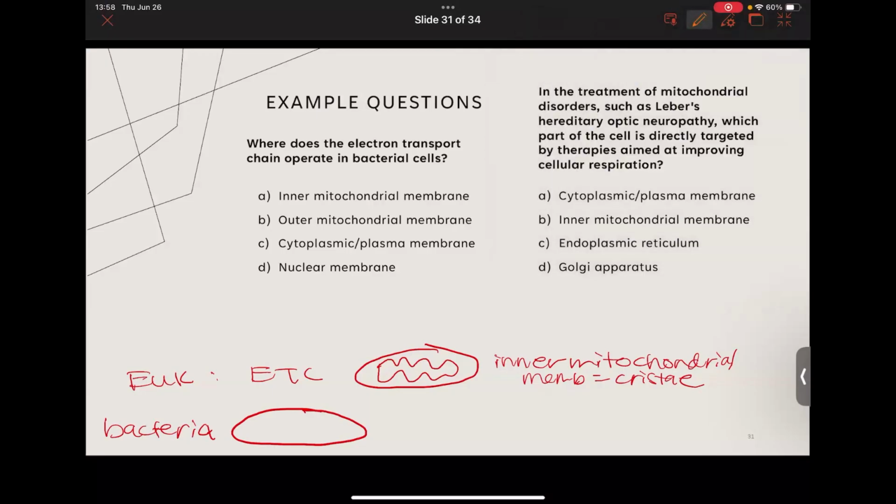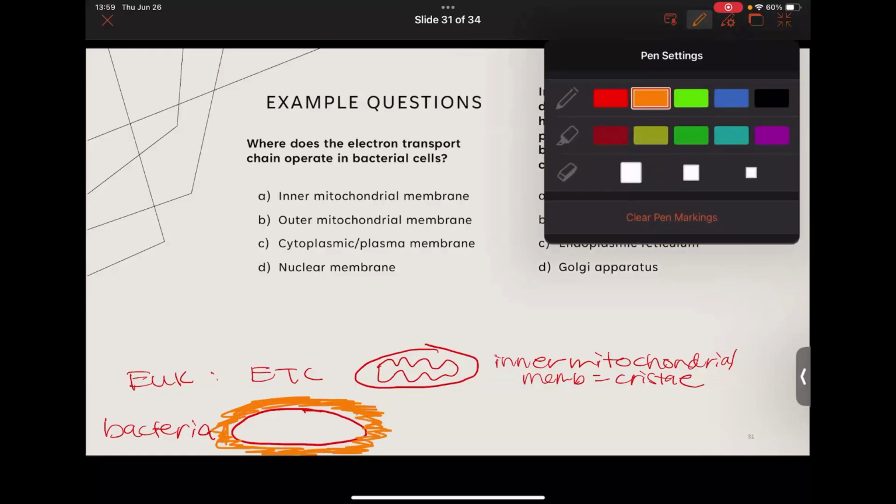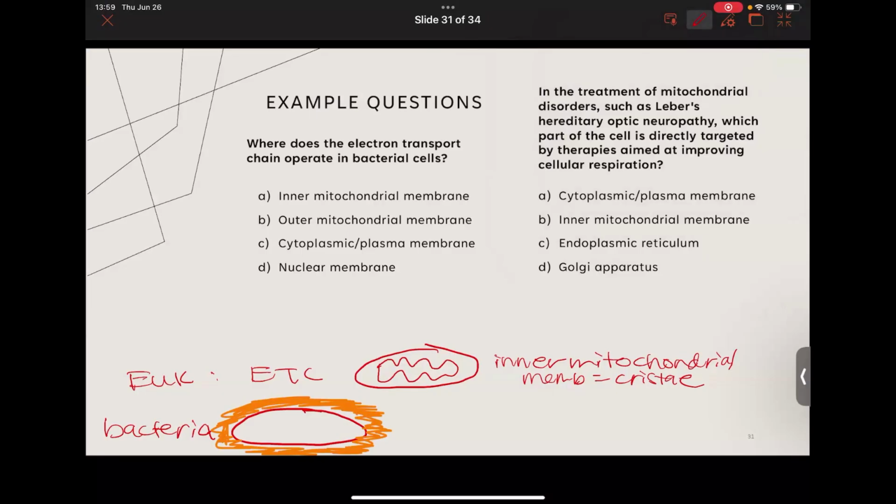Let's give them a wall on the outside. This is our gram positive. Okay, got a nice thick wall on the outside. In bacteria, the electron transport chain happens on the inner membrane. Remember that the electron transport chain is all those cytochromes, and we'll have the ATP synthase and everything.